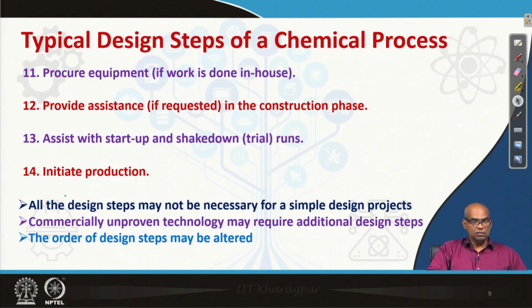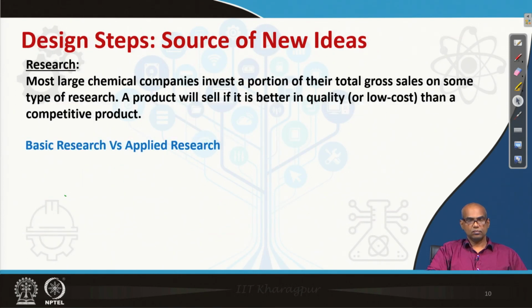On the other hand, a commercially unproven technology may require additional design steps. Also, the order of design steps may be altered depending on the problem at hand. Now, we will look at some of the steps in more detail.